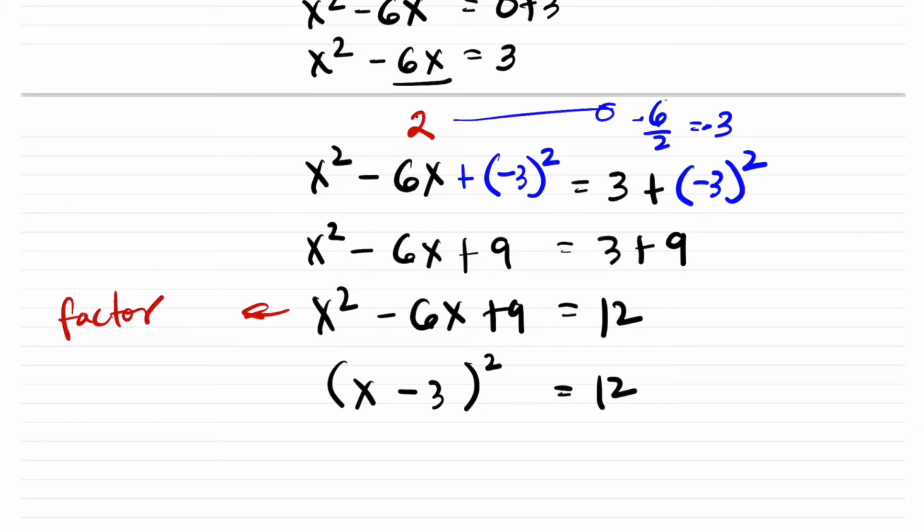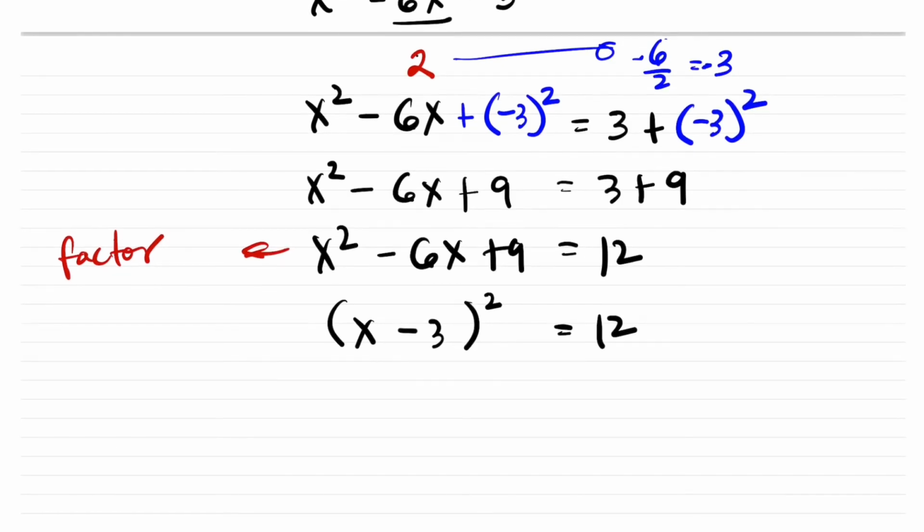Okay, we factored that one out. Next we do the square root. We apply square root here and square root here, so that we can eliminate the squares. So therefore our new equation will become x minus 3 is equal to positive negative square root of 12.